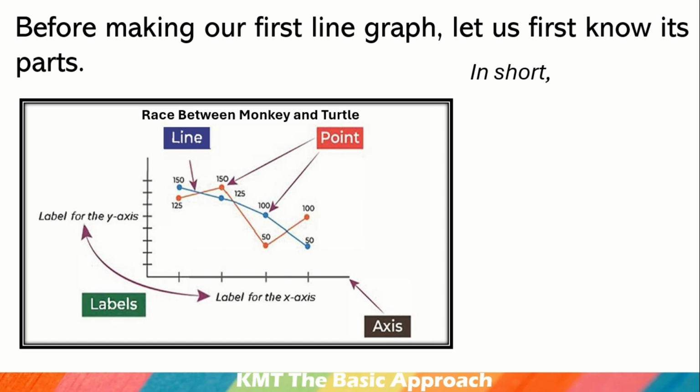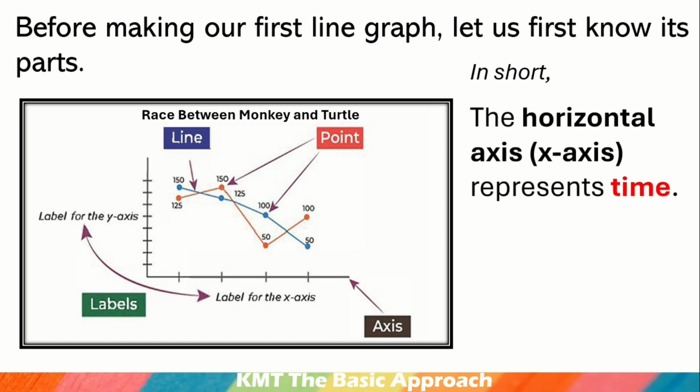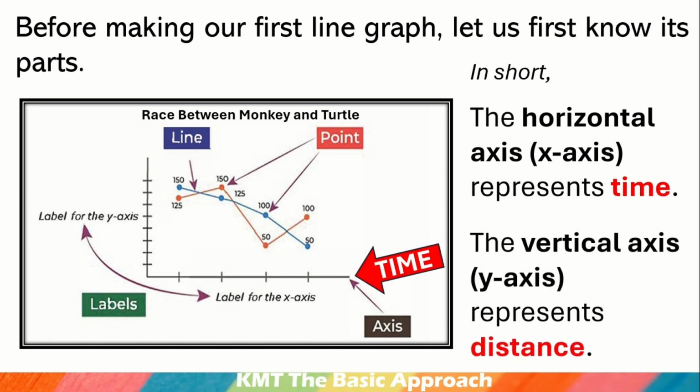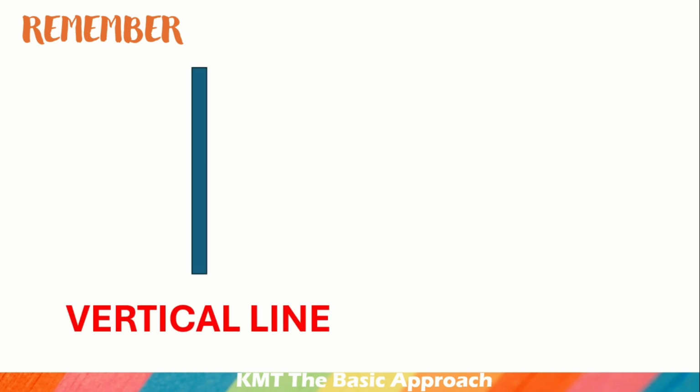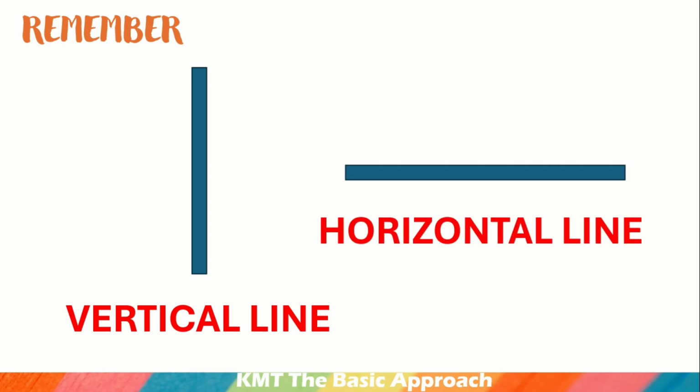In short, the horizontal axis or x-axis represents time. The vertical axis or y-axis represents distance. Kids, remember, this is vertical line and this is horizontal line.